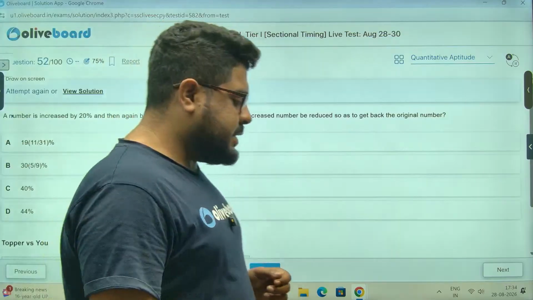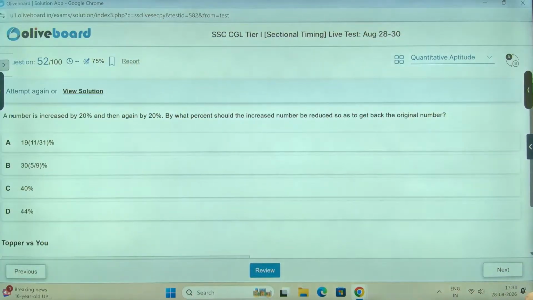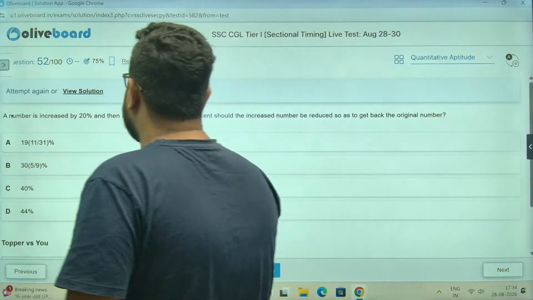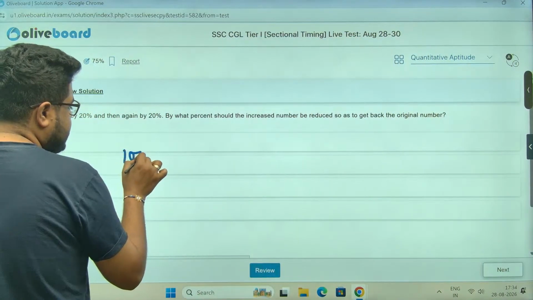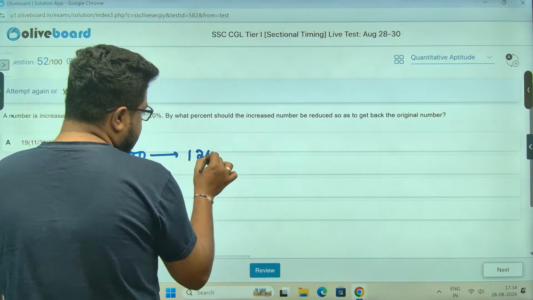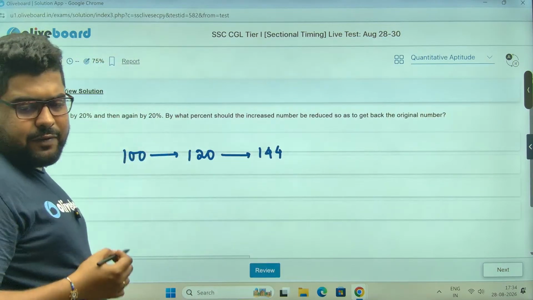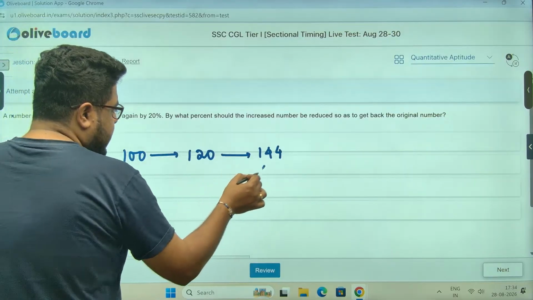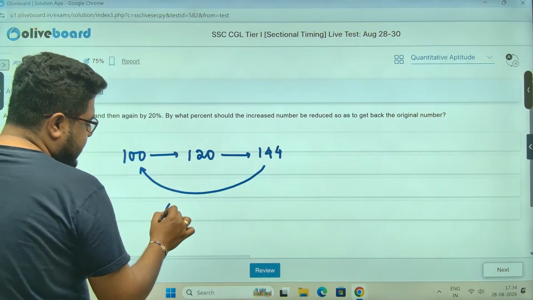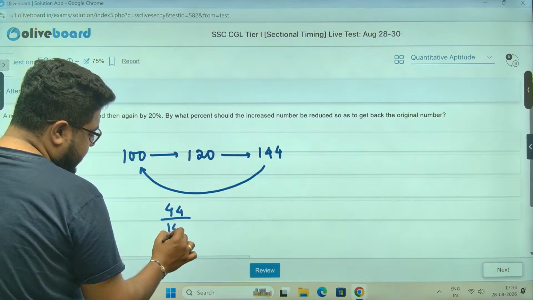Next one. A number is increased by 20%, then again by 20%. What percentage should the increased number be reduced to get back to the original number? So number is 100. If I increase it by 20%, it will become 120. Again 20%, it will become 144. We all know 20 and 20, meaning 44%. Now I need to reduce it to get back to the original, meaning I need to reduce by 44 out of 144 into 100.